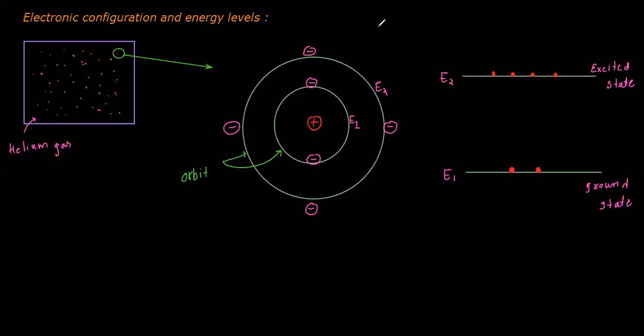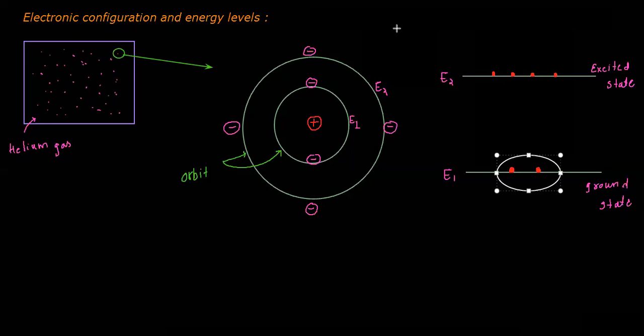Let me take another color. For example, here we have only two electrons in the ground state, and I'm talking about this one.